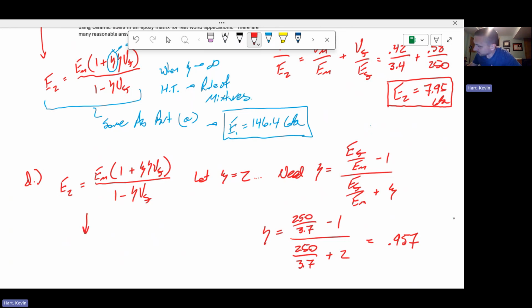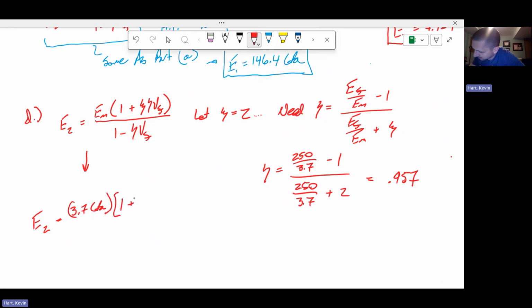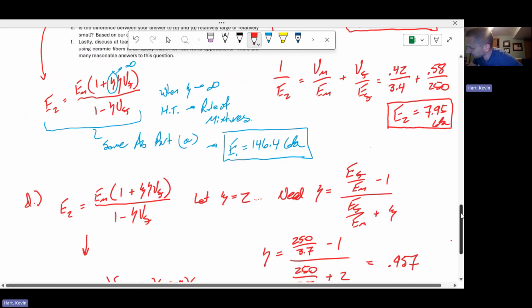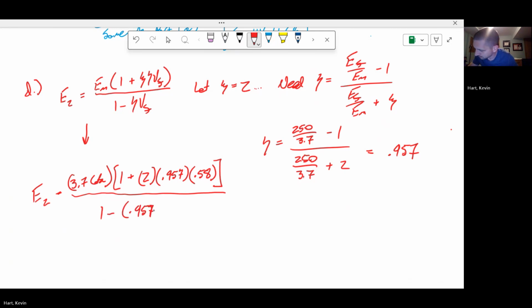We're ready for our elastic modulus calculation in the 2 direction. Elastic modulus of the matrix is 3.7 GPa, and then we have 1 plus xi, which is 2, times eta, 0.957, times volume fraction of the fibers, 0.58, divided by 1 minus eta, 0.957, times volume fraction of fibers, 0.58.